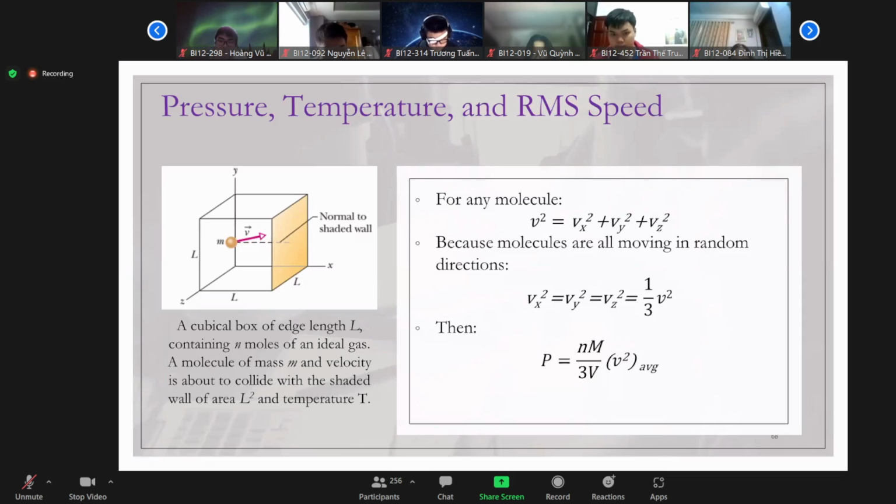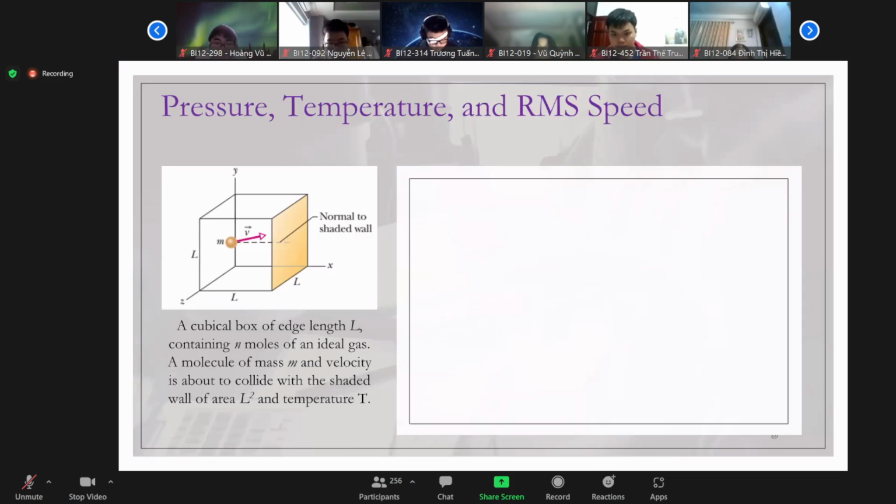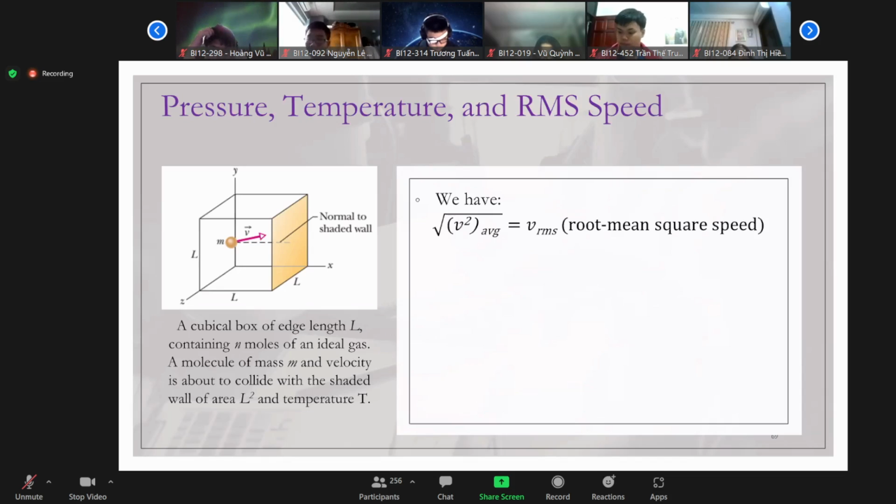If you follow me until here, now we define the root mean square of the average speed. This one, the average speed squared. We call it the root mean square speed.